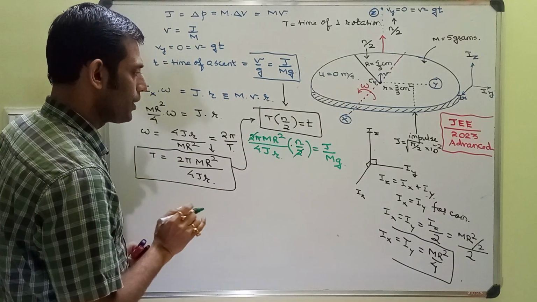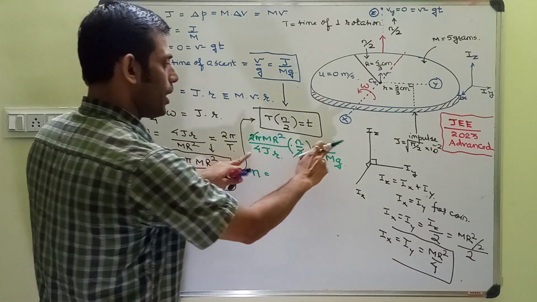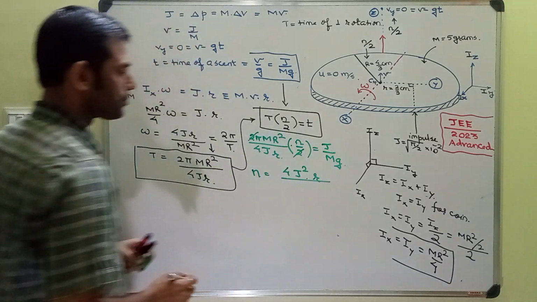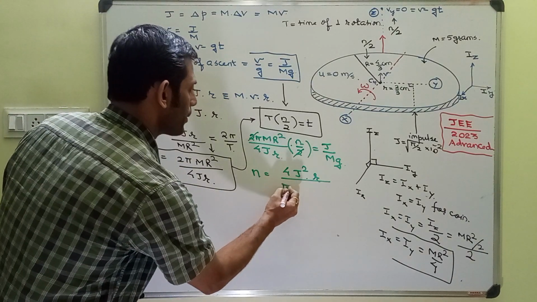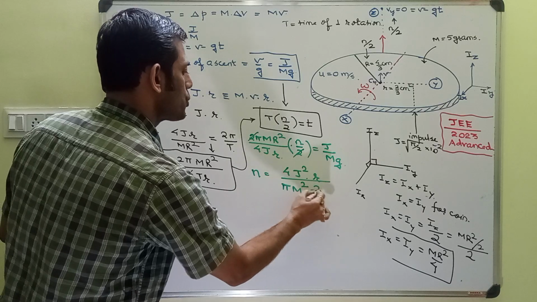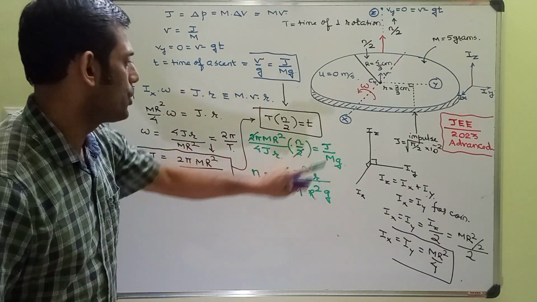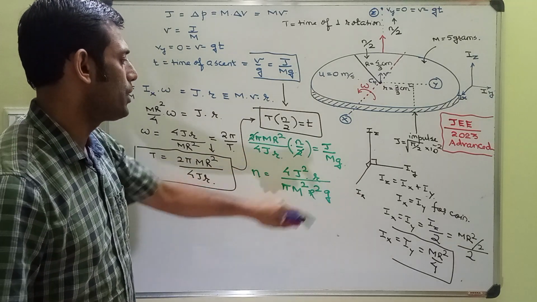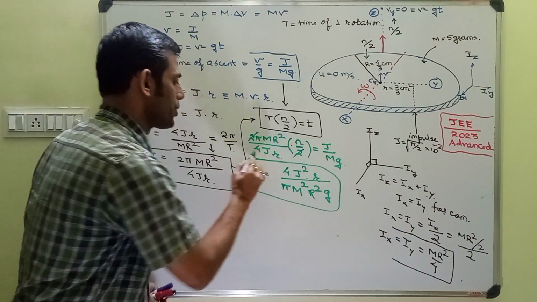Everything else would be stored, and let n now is equal to 4jr makes it 4j square r, and pi m square r square g. This is the calculation for n.